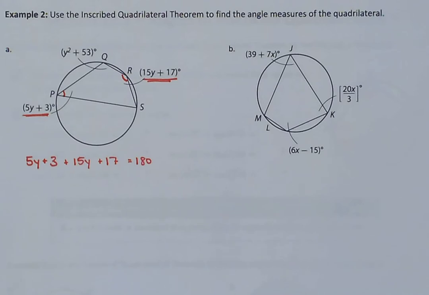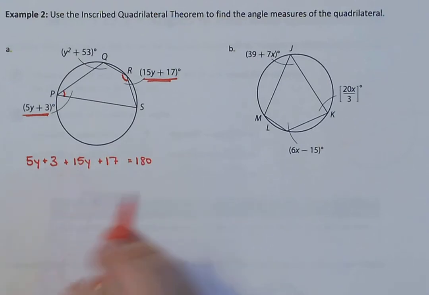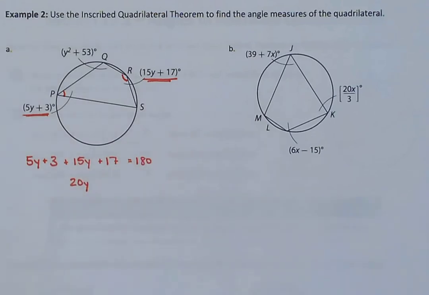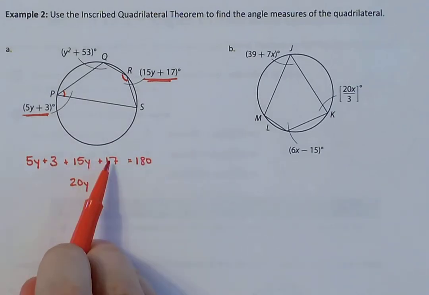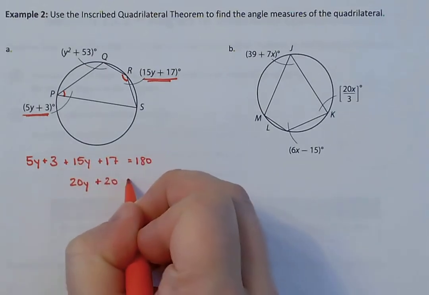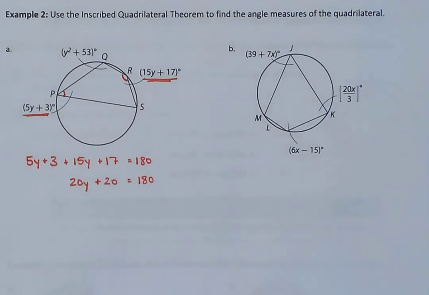Okay, the first thing you want to do is combine like terms. We have a 5y and a 15y. 5 plus 15 is going to tell us 20y. Then we have 3 and 17, so 3 plus 17 is also going to give us 20, and that equals 180. So now that we have it simplified, this should look a little more common for what you're used to.